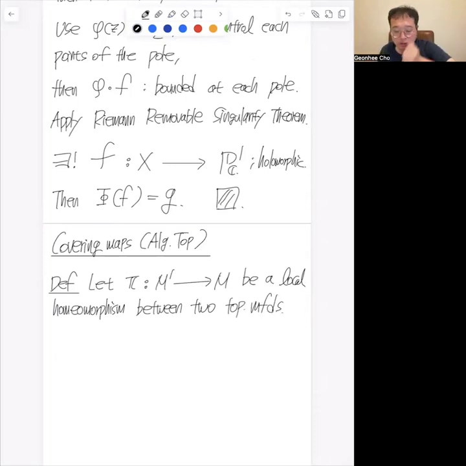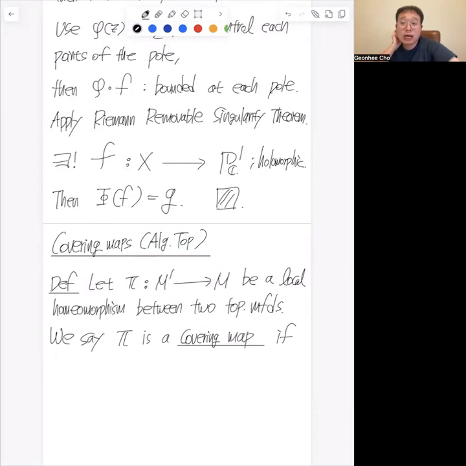So that's the assumption. We say this map pi is a covering map if it satisfies the following.